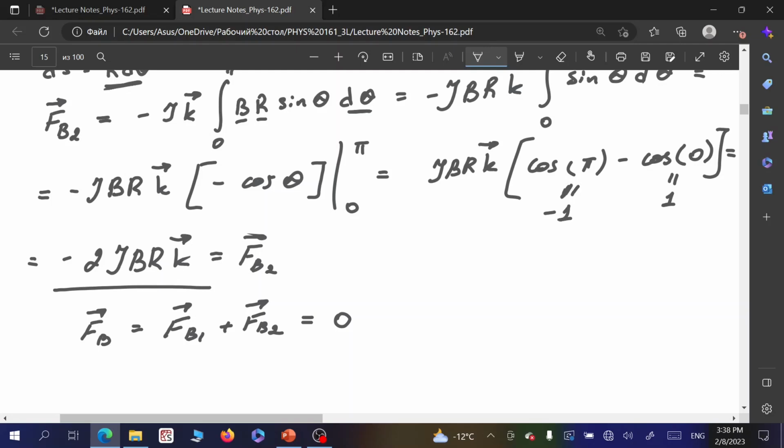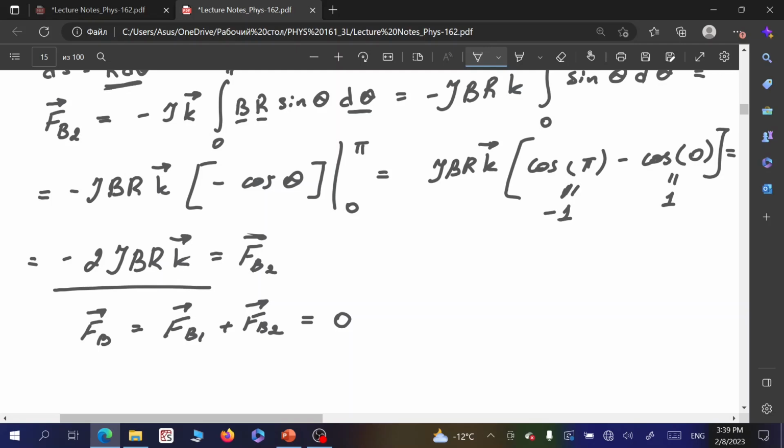It doesn't matter that there is no net force exerted on a closed current loop in magnetic field. What matters is that this magnetic field creates a torque, and this torque can be transferred to another mechanism, so you can use it as a driving force for rotational motion, and all electrical actuators are based on this principle.